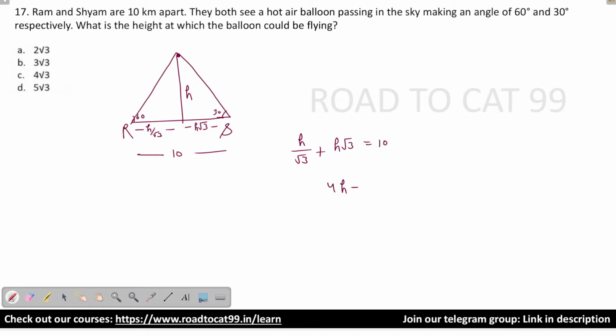So 4h is equal to 10√3. So h is equal to 10√3 by 4. Are we making any mistake? This should be 5 by 2. Just give me a minute.